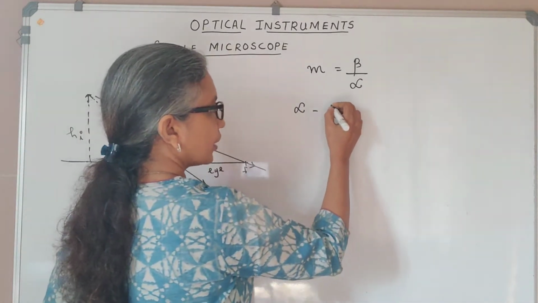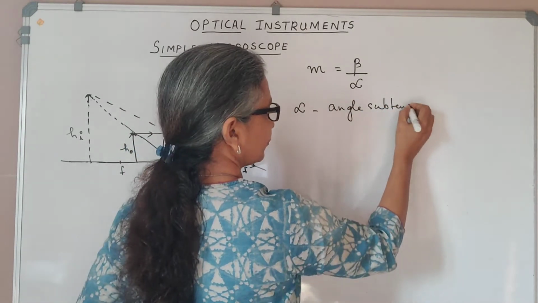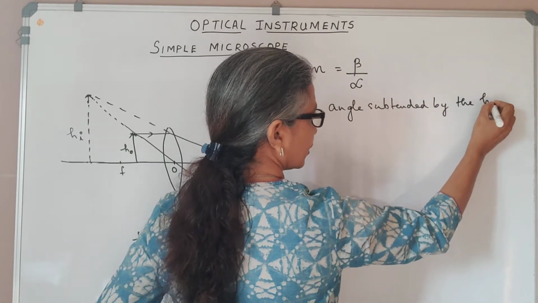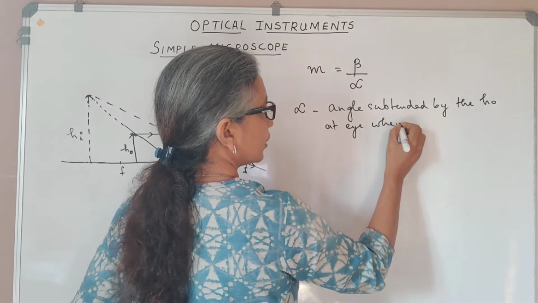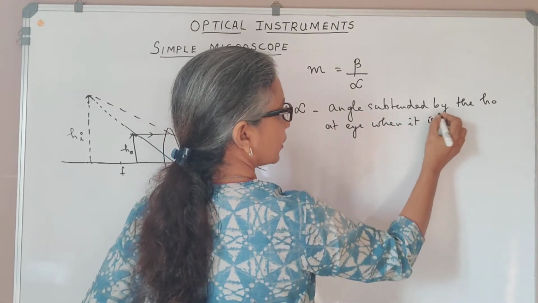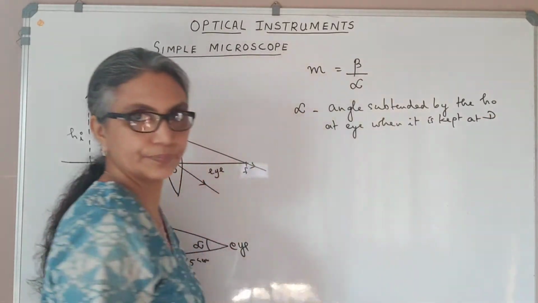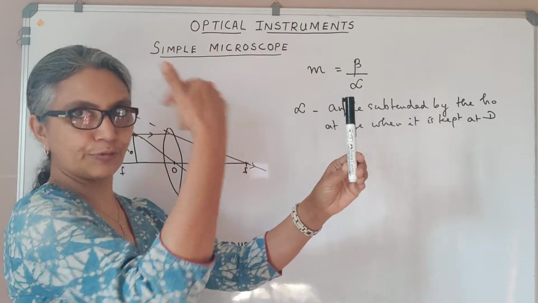So alpha is the angle subtended by the object at the eye when it is kept at D.